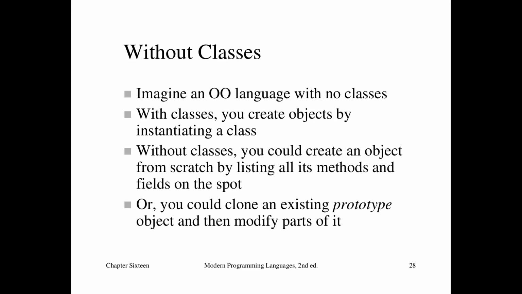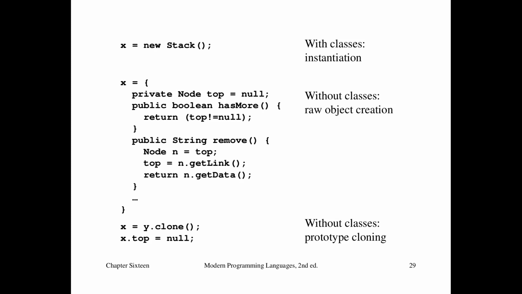And so, for example, right, we think about a normal class instantiation in Java, right? x equals new Stack, right? But we could also create a new stack, if we didn't have classes, by simply constructing the object straight up, where for example, in a language like Self or JavaScript, which is also a prototype-based system, we can just use what they call the JavaScript Object Notation approach, constructing a listing of the fields and methods inside a set of curly braces.